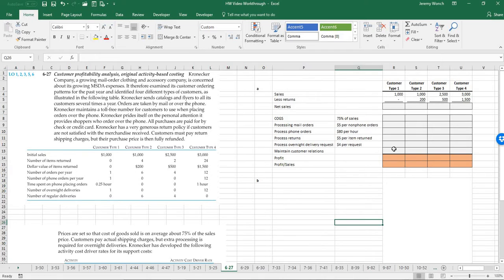So we have our little mini income statement built over here. We start off with the sales per customer, which is already plugged in. Less returns, so they give us the return amounts. We need to figure out their net sales, so we'll just subtract that out.